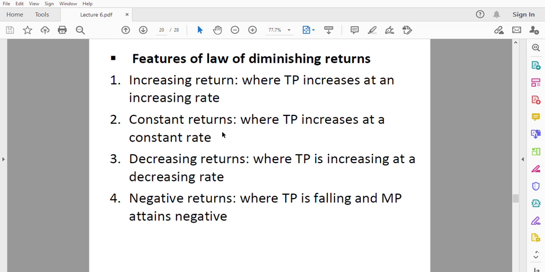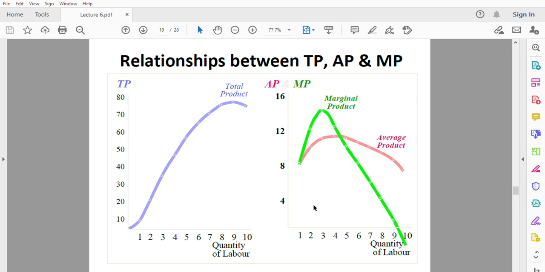And then the next one is negative returns. Negative returns is where total product is falling. Actually, it's where marginal product becomes negative. So if marginal product, the additional production, is negative, then that means total product has started decreasing. That is negative returns.